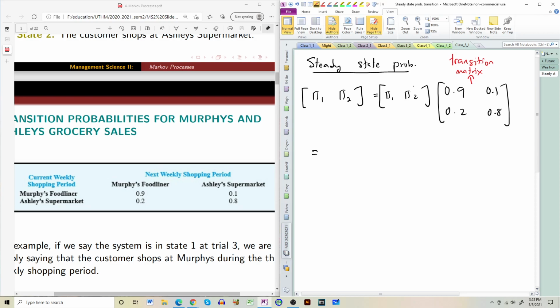If I multiply these two matrices, I will get, if you don't know how to multiply, please recall our maths.